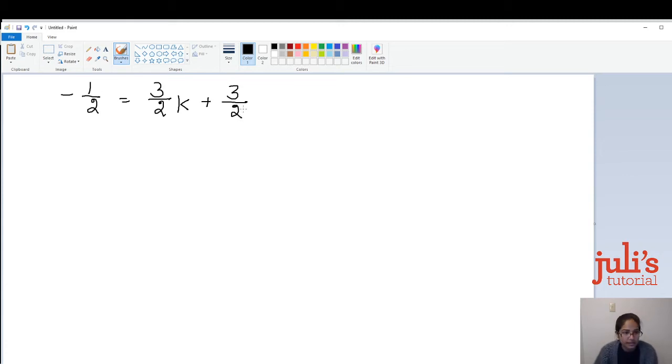This is our next example. Okay, fairly easy. First thing I do, I will get rid of this fraction on this side.